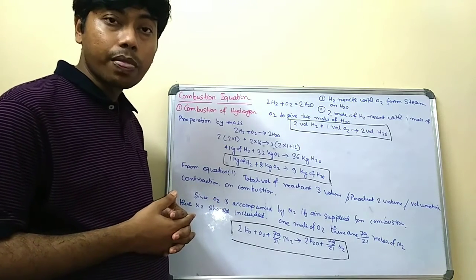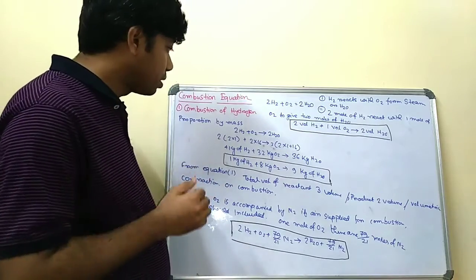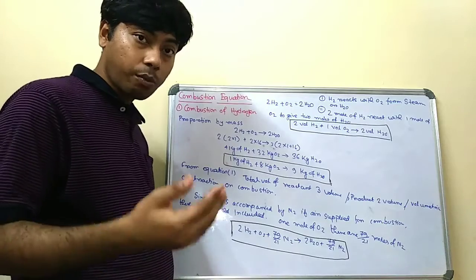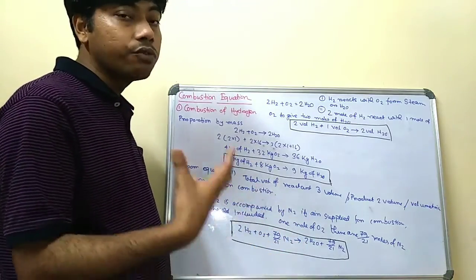So this has to be kept in your mind: 79% nitrogen and 21% oxygen by volume are present when you analyze fuel combustion.